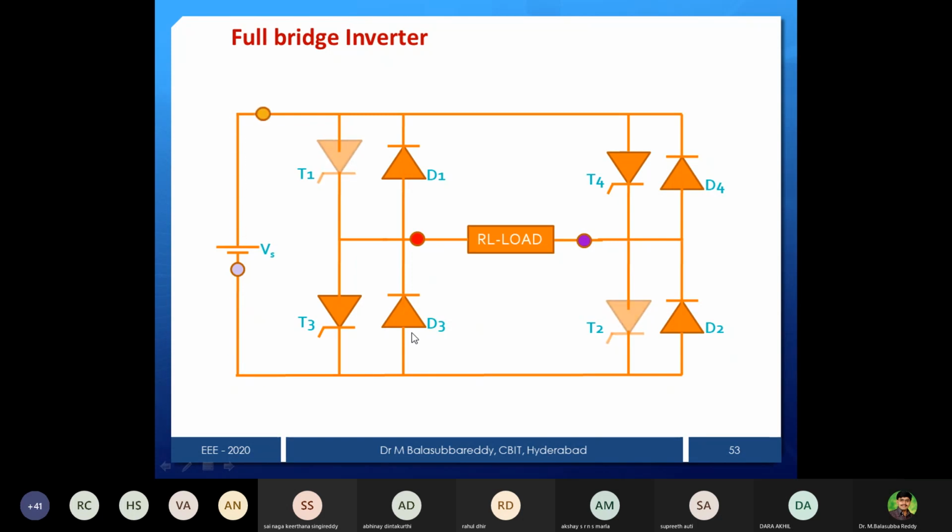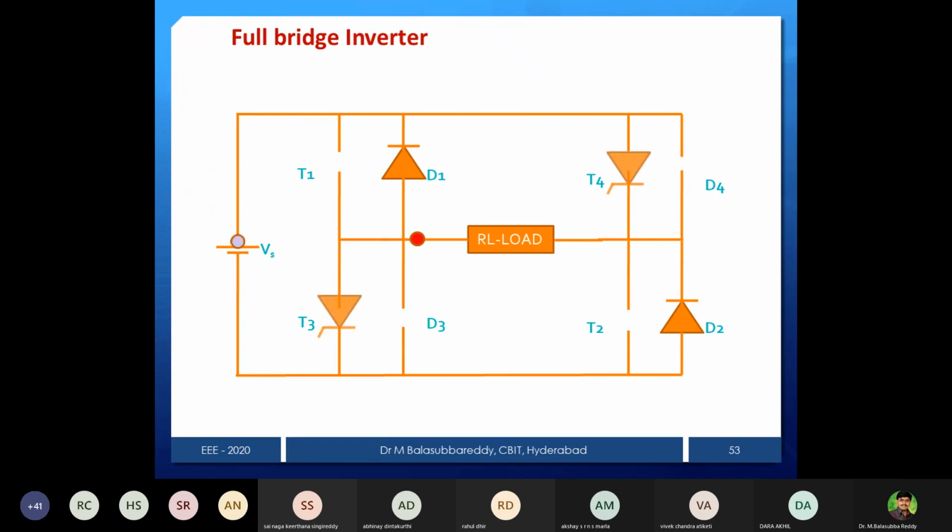After some time, when the on duration is over, I apply forced commutation and turn off T1 and T2. Then what will happen? T1, T2 will be off, and diodes D1, D3, D4 are going to be on to dissipate that energy. Again, after some time, if the energy is completely dissipated, no current passes through the diodes D3 and D4. If no current passes through the diode, the devices will open.